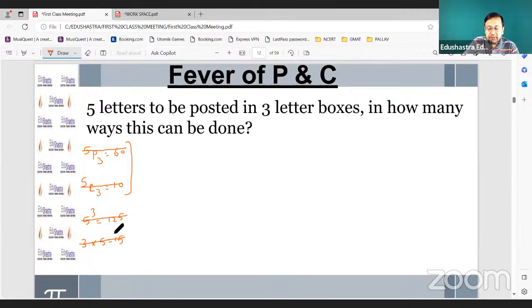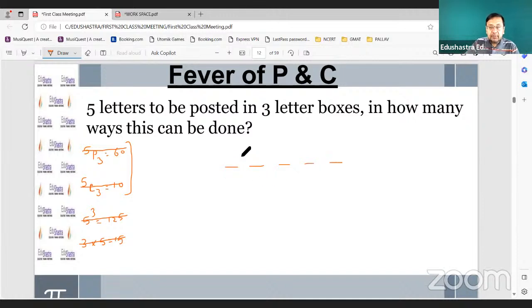When you're solving questions based on permutation and combination, first identify what is your job, what is your task, which you have to complete. So this is 1, 2, 3, 4, 5. That is posting of 5 letters. Posting of 5 letters is my basic job, basic task here.